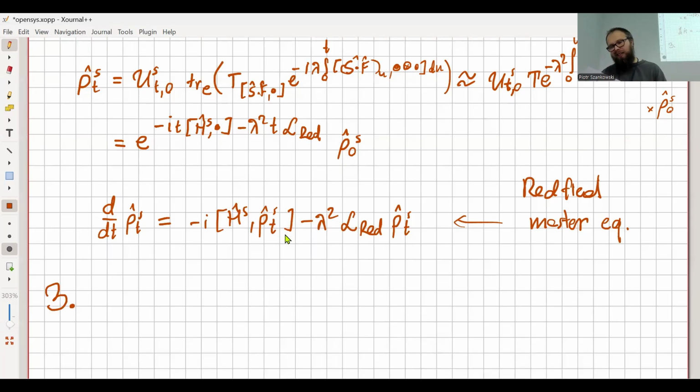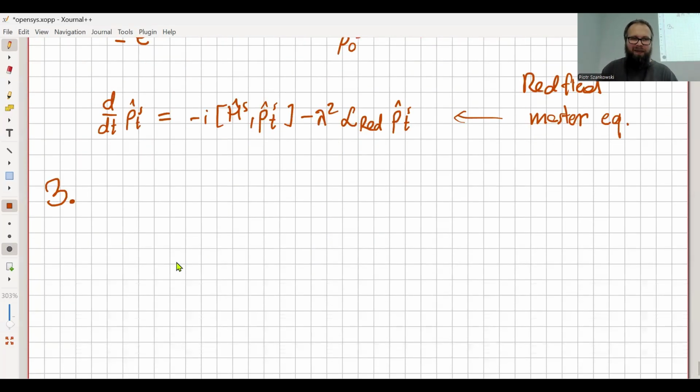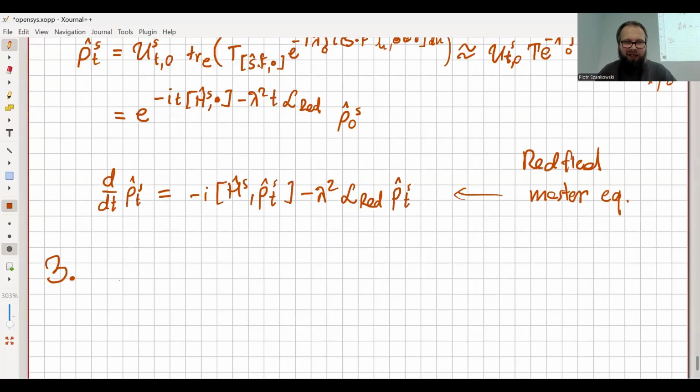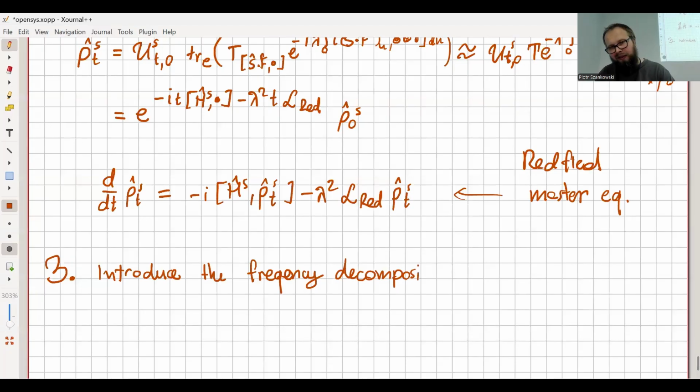In the third step, we introduce something that I would call the frequency decomposition of the operators S_alpha.